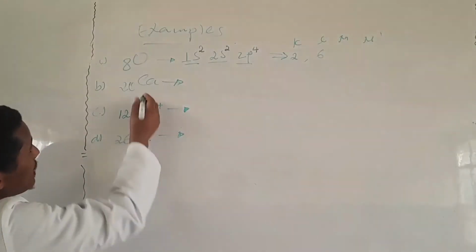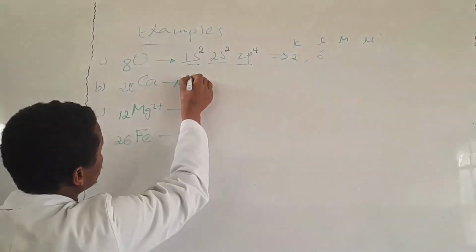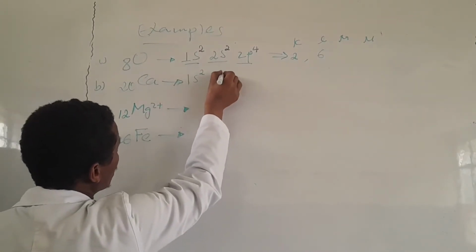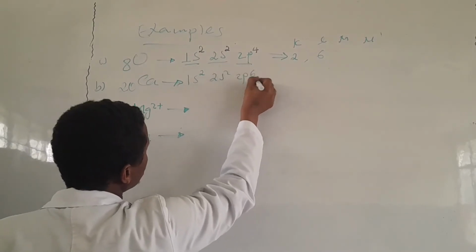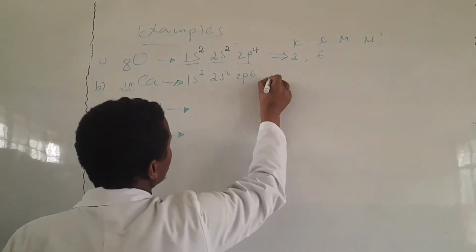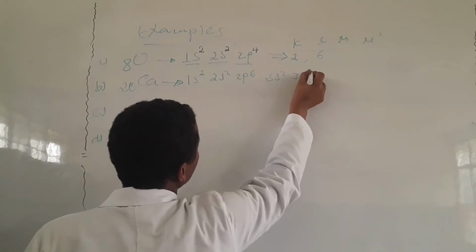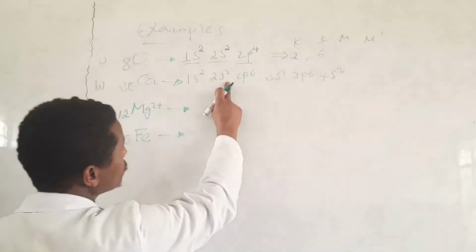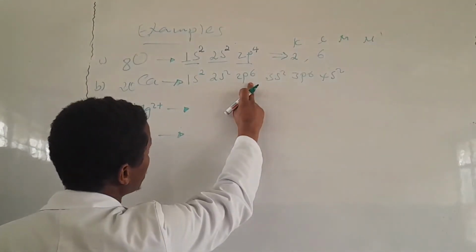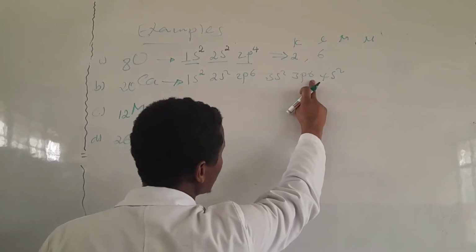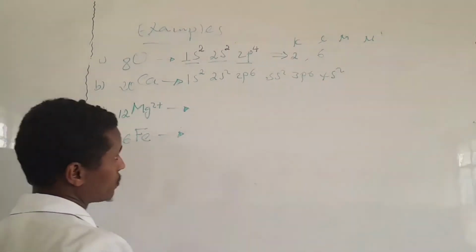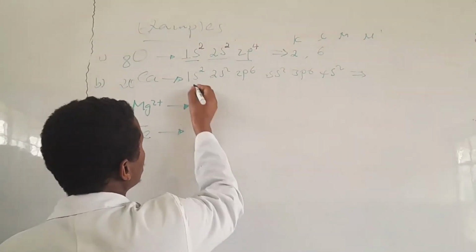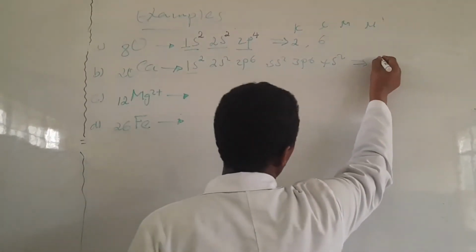Second, calcium: you follow the same as before, 1s2, 2s2, 2p6, 3s2, 3p6, 4s2, that is 2, 2, 6, 2, 6, 2, totaling 20 electrons. You can convert this into main energy levels. The first shell holds 2 electrons, you can write as 2.